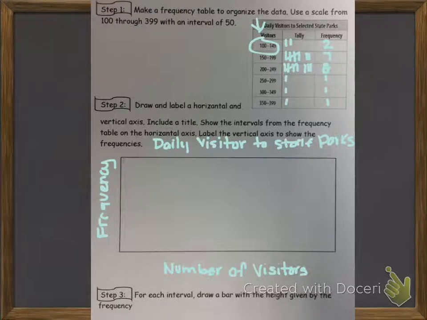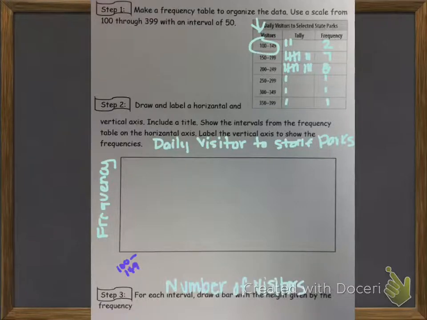So that means that our first interval is going to be from 100 to 149. Your second interval is 150 to 199. Third, 200 to 249.